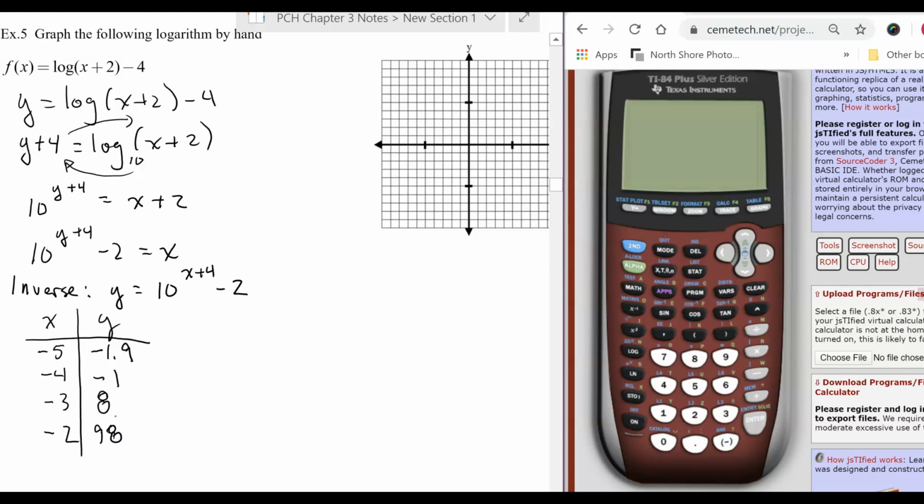So let's take a look at these points. I've got -5, -1.9. So that's going to be about here. And -4, -1. Whoop, let's fix those. -5, -1.9.